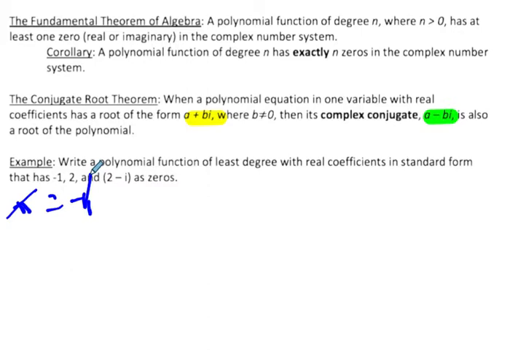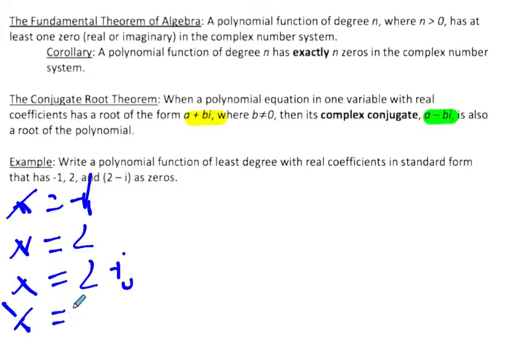Also, x equals 2 is one of your solutions. And then they also tell us that 2 minus i is a solution. And if 2 minus i is a solution, then that means that its complex conjugate, which is 2 plus i, also has to be a solution. So in this case, we have 4 solutions.